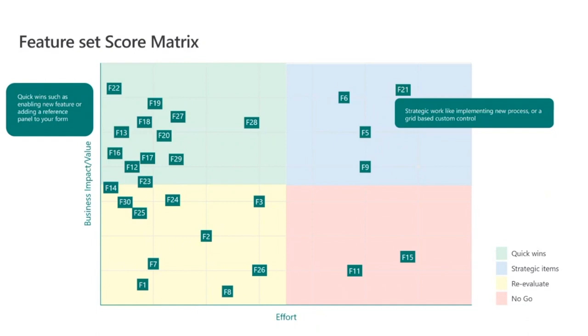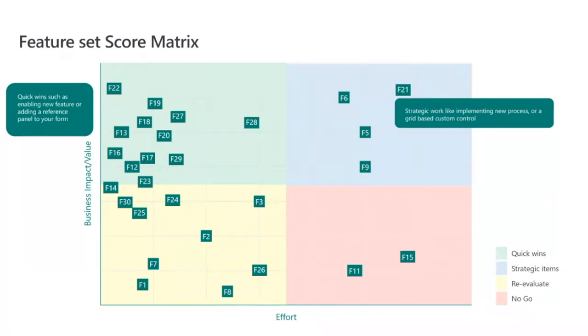On the other hand, if you look at the bottom right corner, these are basically the no-go features for you, because these include features with high effort while they don't provide as much value to your users.